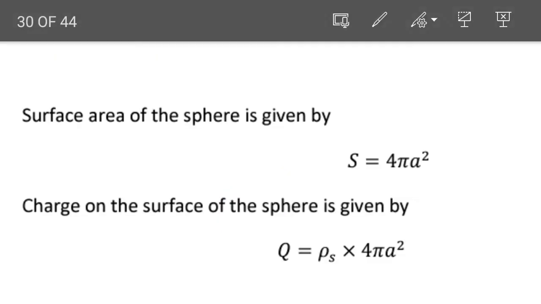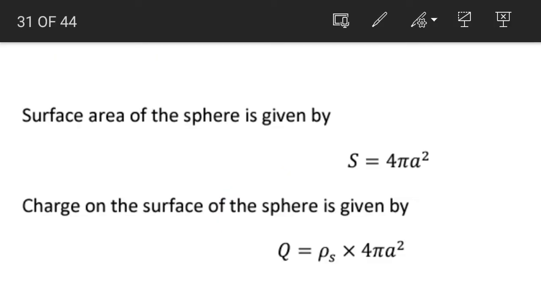So we know that the surface area of the sphere is given by S, and S in this particular case is equal to 4 pi a square.